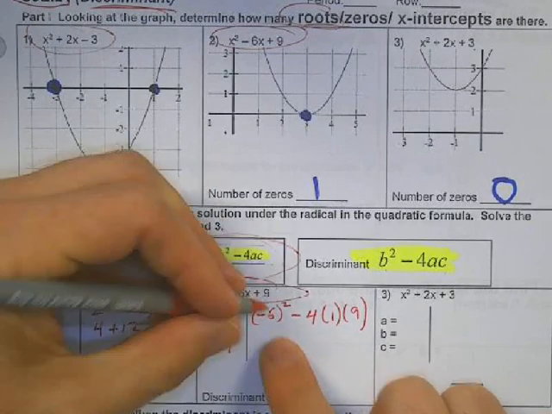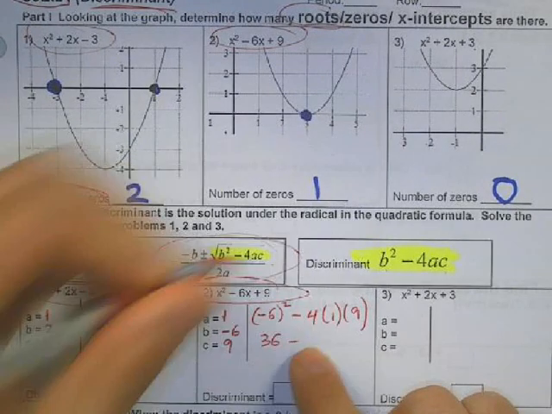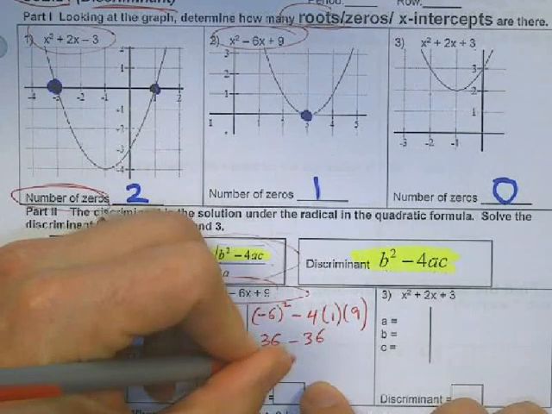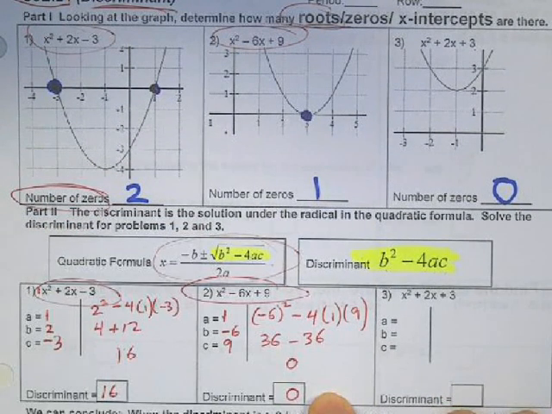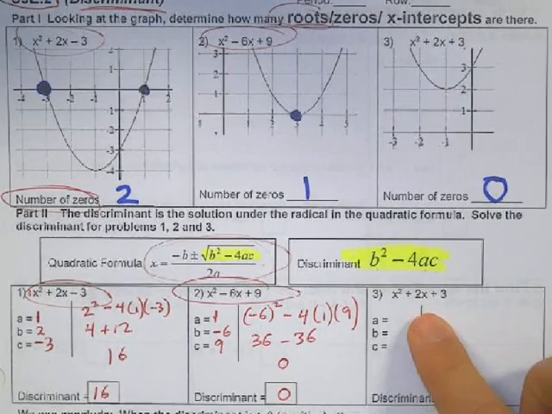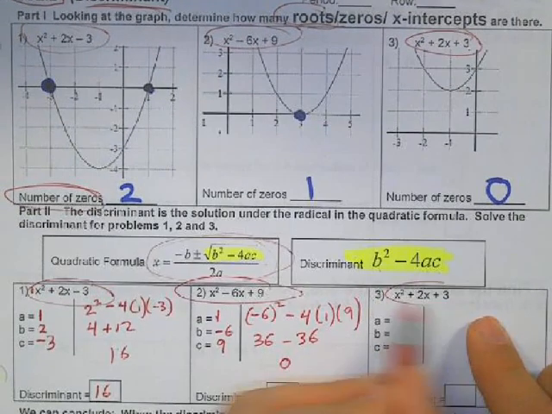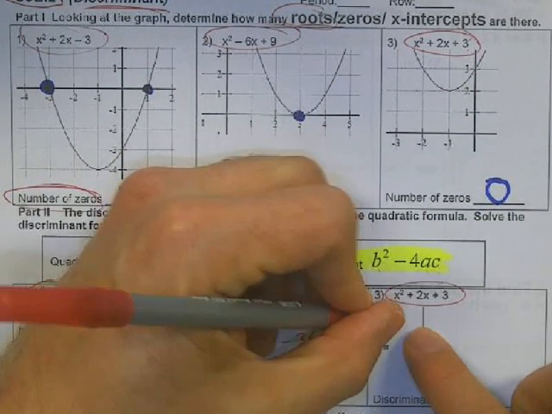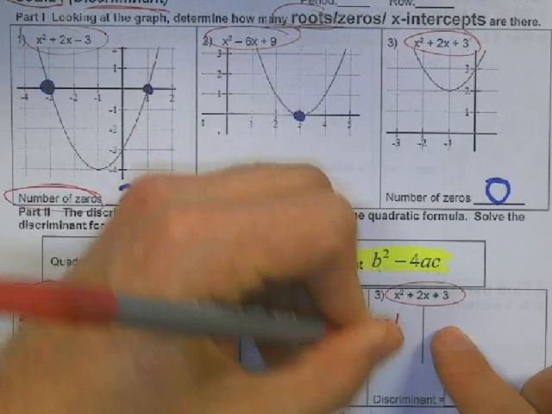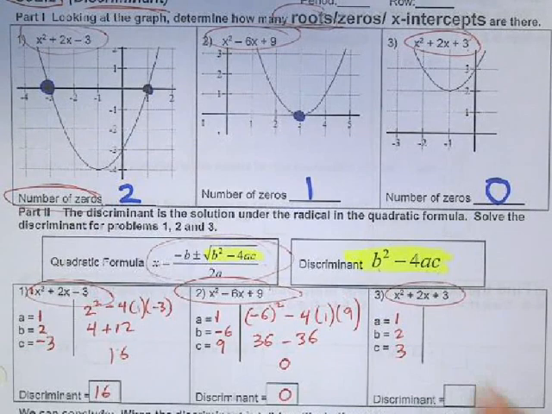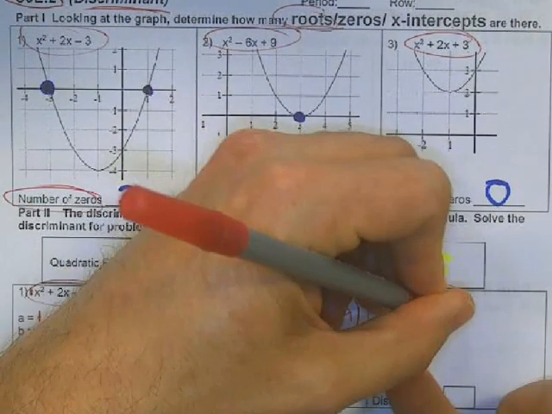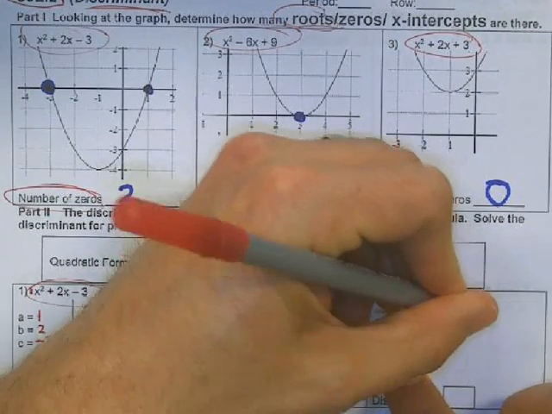And last, this equation gave me this parabola up here. My a value is 1, my b value is 2, my c value is 3. So we do b squared minus 4ac: 2 squared minus 4 times 1 times 3. I get 4 minus 12, which gives me negative 8.